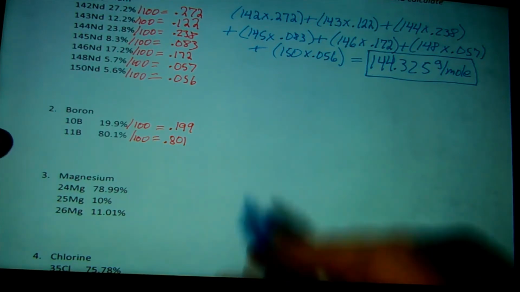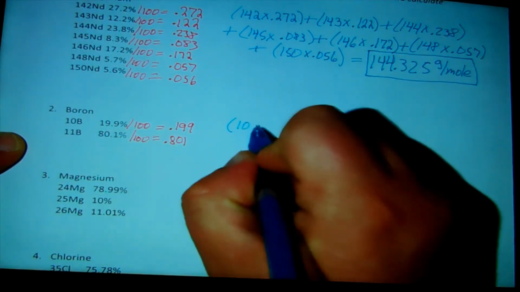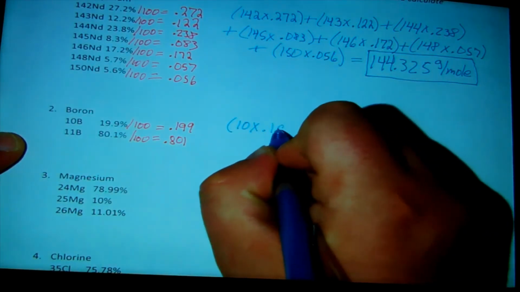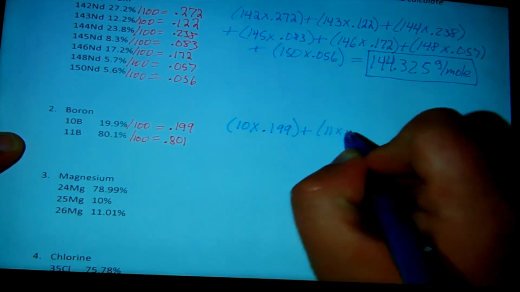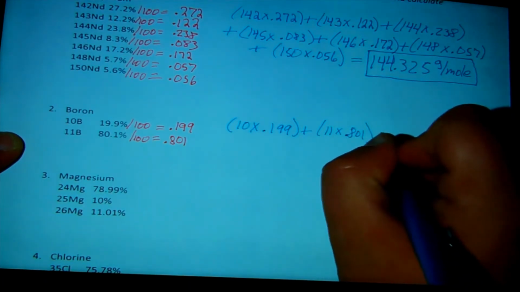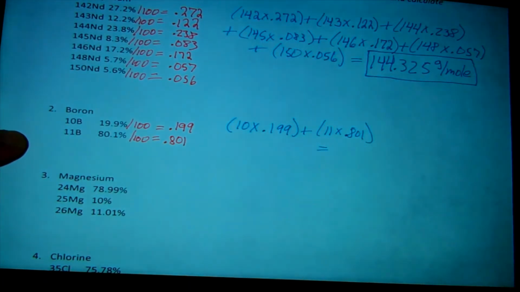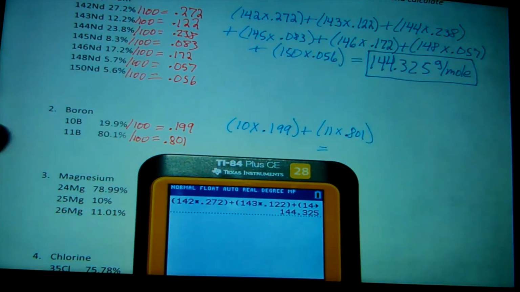So in this, boron 10 times 0.199 plus boron 11 times 0.801, and I'm literally going to do what I did up there. I'm going to type this in the calculator, try to bring it up here so you guys can see it.